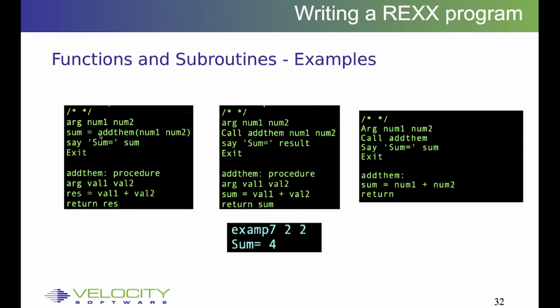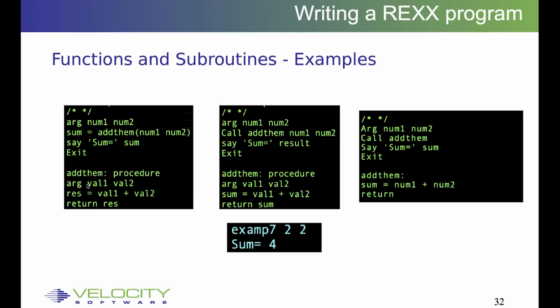The result is going to be put into the variable sum, and then we're going to display sum. Here is the label for add them, with the procedure clause after it.